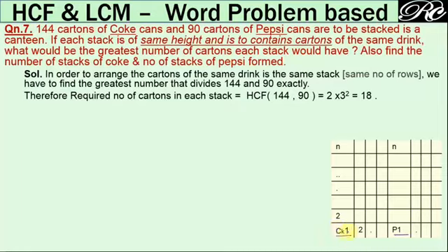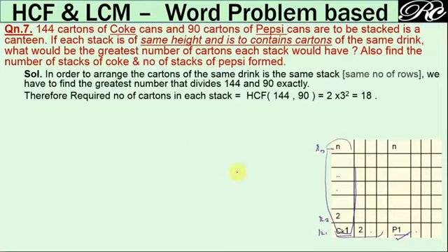So all the Coke have to be arranged one over the other. So let there be n cartons of Coke in one stack, meaning there are n rows. This is our row 1, this is our row 2, going on. Now this number of rows should be the same for the Pepsi also.